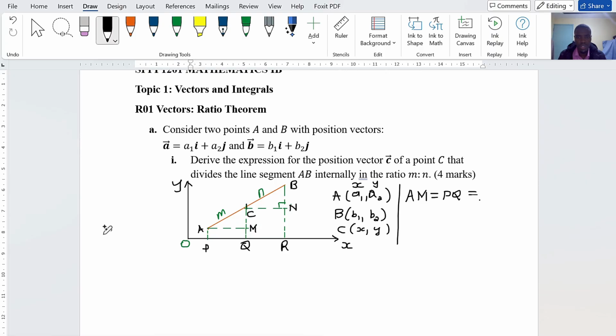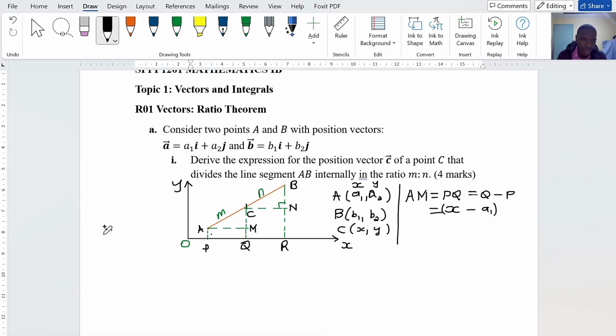And PQ is Q minus P. Now, when you look at our diagram, the X position of Q is on C, and that one is X. You can see that. So the x position on C, which is x, minus the x position on P, which is A1. I hope this is clear.